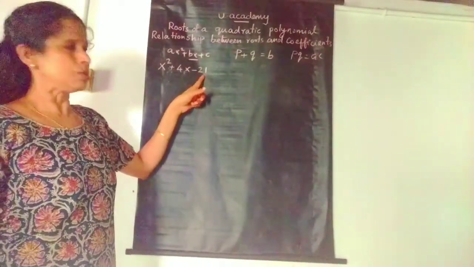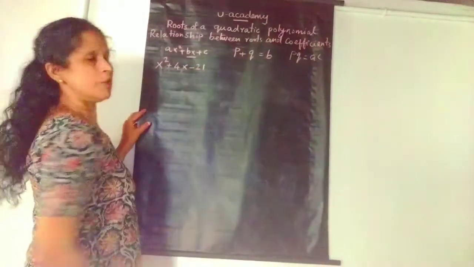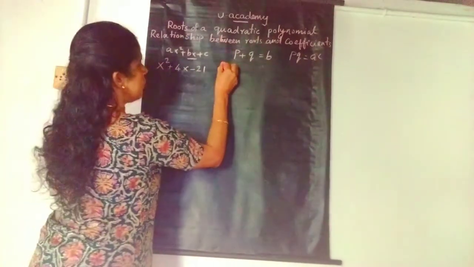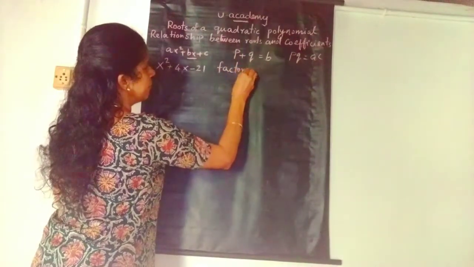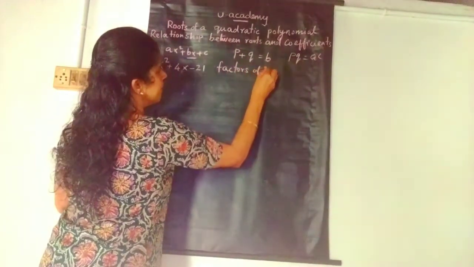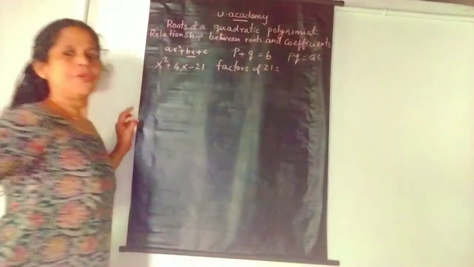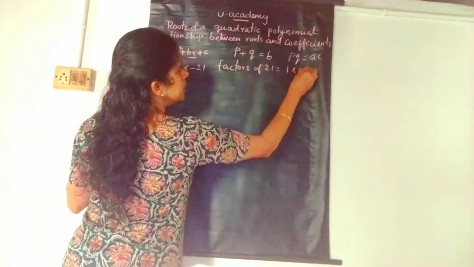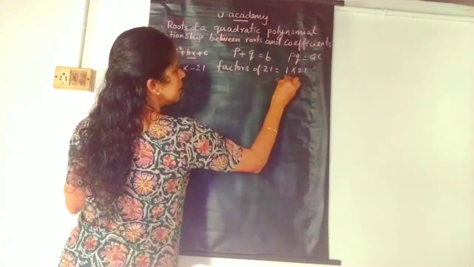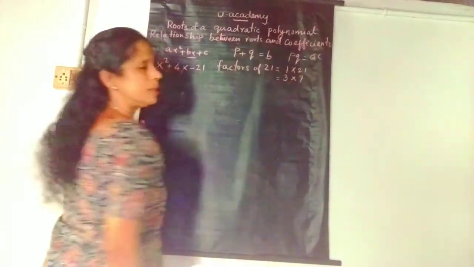First you can consider 21. So 1 into 21, 21. So first we have to find the factors of 21. What are the factors of 21? That is 1 into 21, then 3 into 7, right? Or 7 into 3.